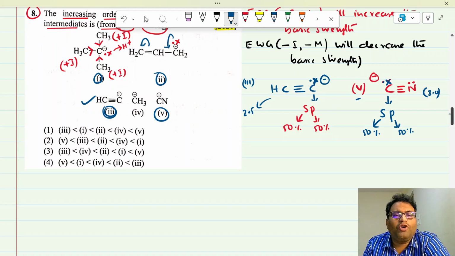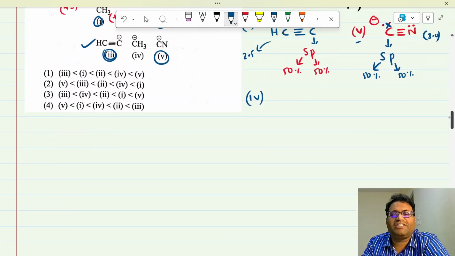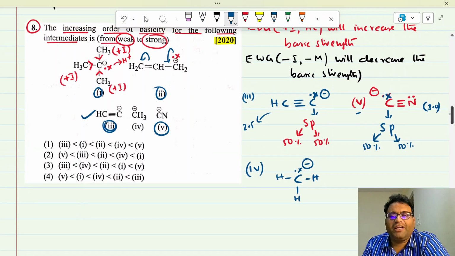Now, which is more basic among these? Let us see fourth molecule. In the fourth molecule, if you see, it is CH3, CH, minus. What is the hybridization of this carbon? The carbon is undergoing sp3.